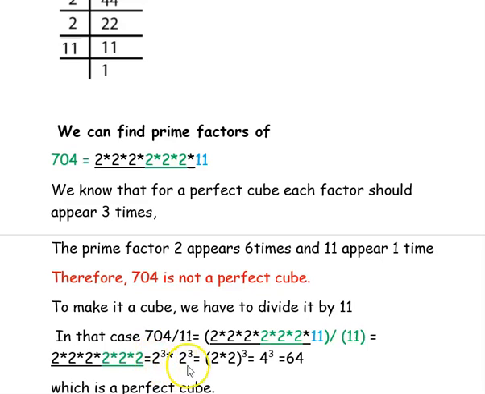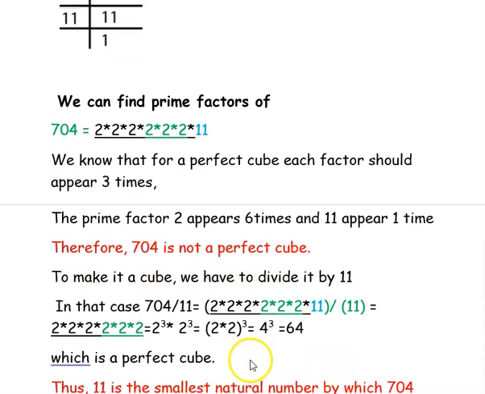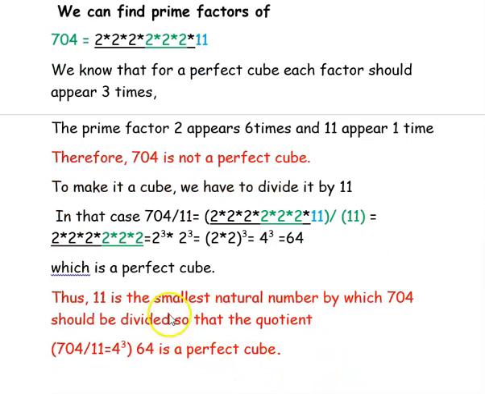Since the power is same, we can multiply the base. So 2 into 2 cube, which is nothing but 4 cube, that is 64, which is a perfect cube number. So thus we can say 11 is the smallest natural number by which 704 should be divided, so that the quotient, that is 704 divided by 11, it's nothing but 4 cube, that is 64, is a perfect cube.